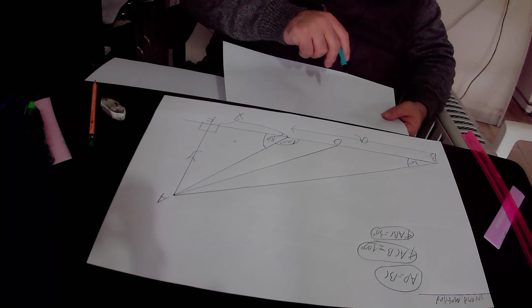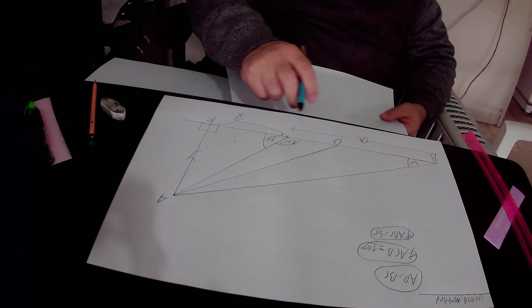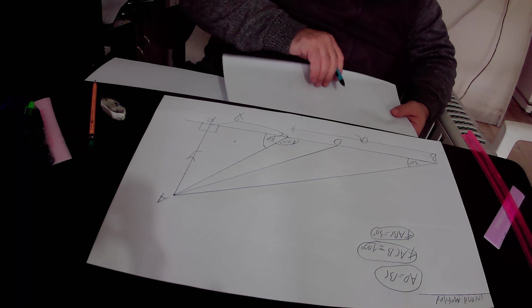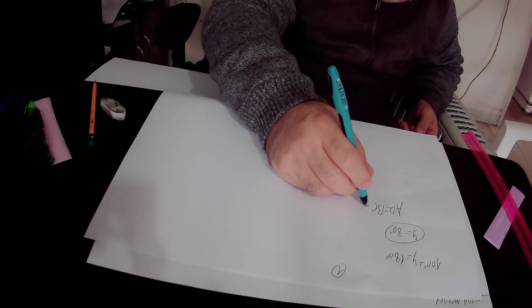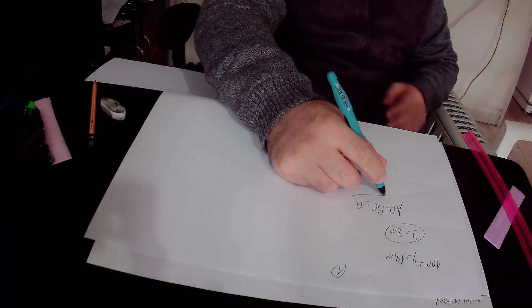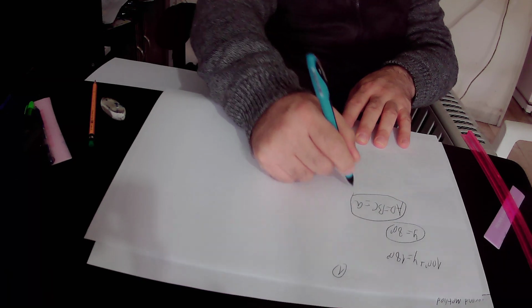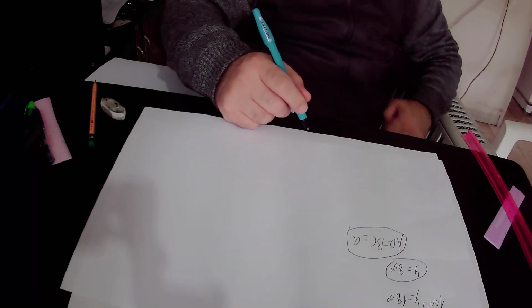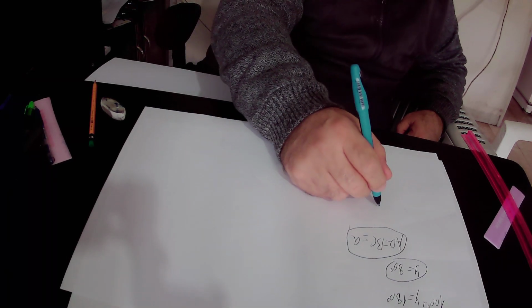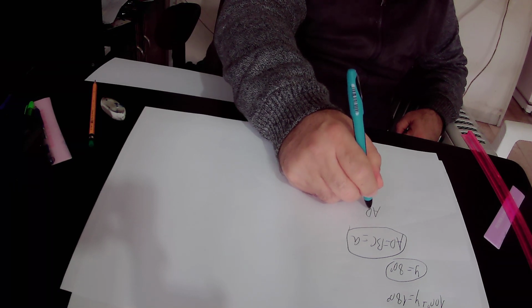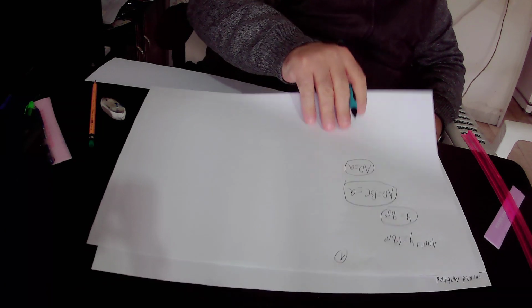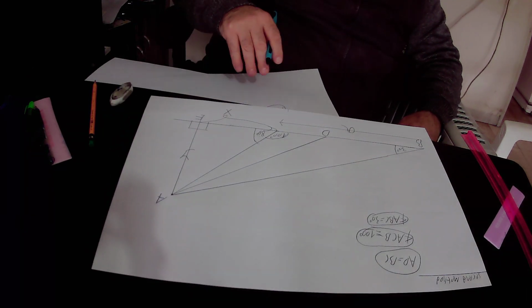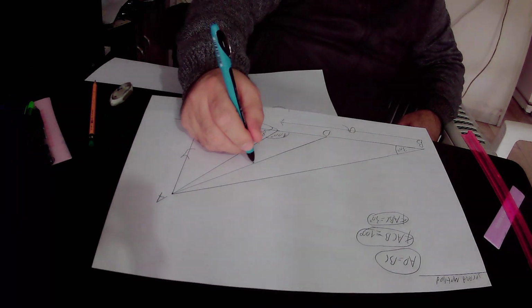But according to our definition, BC equals A. So from this equation, we will get that AD also equals A. So we can write here that AD equals A.